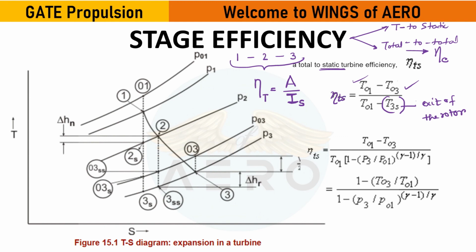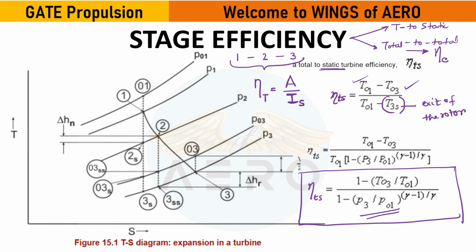So we have some basic relations. Using that, you get something like this. Please note down this formula, the final expression, because we got this again based on the isentropic relation.